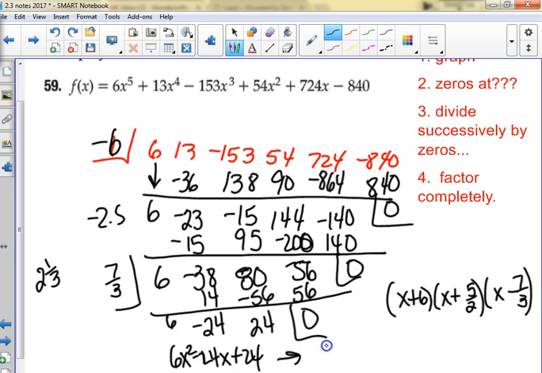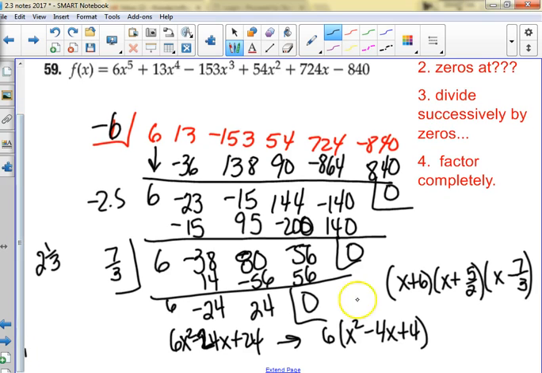Can take out a 6. Okay. Take out a 6, and we have x squared minus 4x plus 4. How does that factor? Guys, how does this factor? x minus 2 and x minus 2, right? Okay.